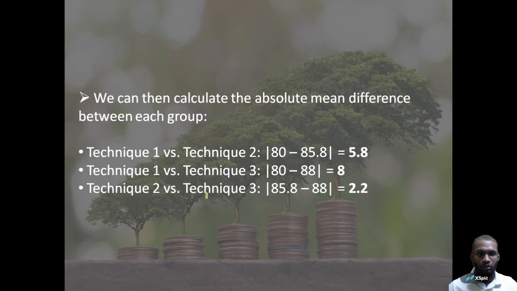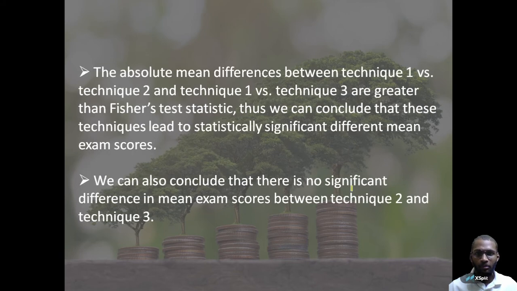Now moving further, we can then calculate the absolute mean difference between each group. That is technique 1 versus technique 2, you will get 5.8. Technique 1 versus technique 3, you will get 8. Technique 2 versus technique 3, basically we are calculating the absolute difference. The absolute mean differences for technique 1 versus technique 2 and technique 1 versus technique 3 are greater than Fisher's test statistic.